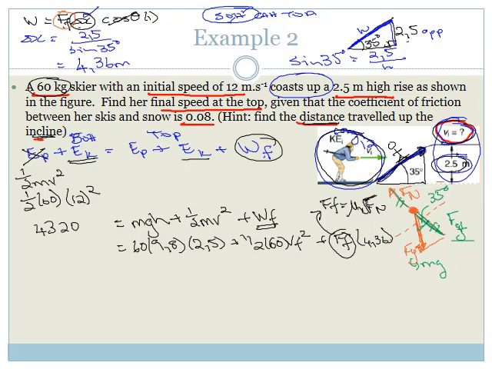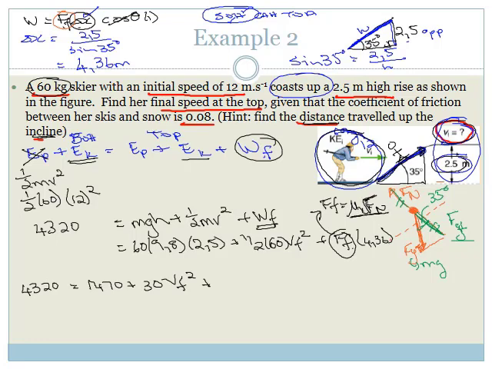Okay, so let's rewrite this thing now. We've got 4320 equals, and to simplify things, I'm just going to put these in the calculator already. So we've got 60 times 9.8 times 2.5, which is 1,470. So it's 1,470 plus half times 60 is 30 Vf squared, plus the force of friction.